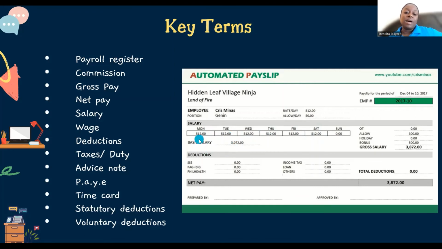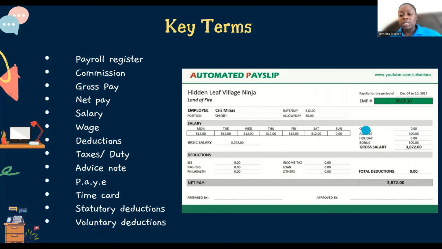We're just concerned with the fact that this is how much he earns per day. And so the allowance is $50 a day. 50, 100, 150, 200, 250, 300. He worked 6 days this week, so 6 times 50 means he would get $300 extra in allowance.